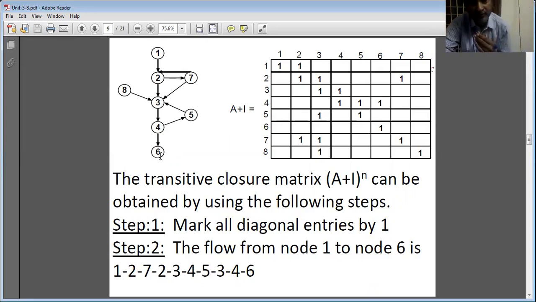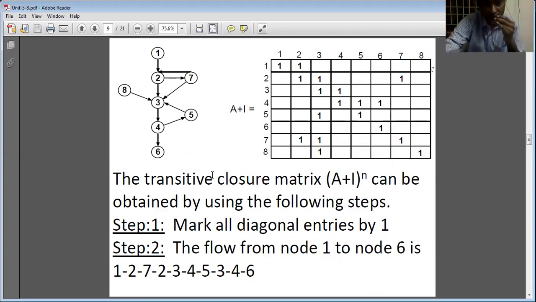From 6, nothing. From 7, 7 to 2 is 1 and 7 to 3 is 1. From 8, 8 to 3 is 1. Now the transitive closure matrix (A+I)^n can be obtained by using the following steps.